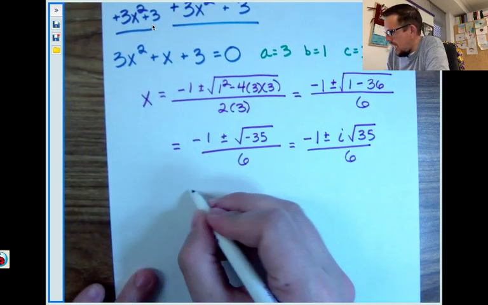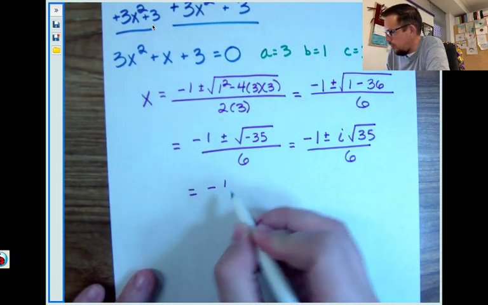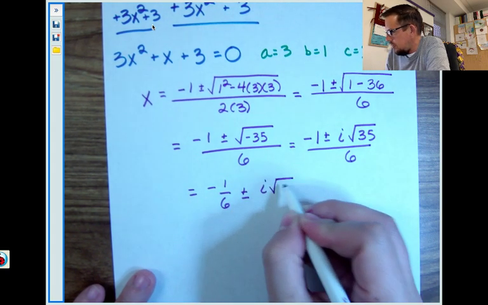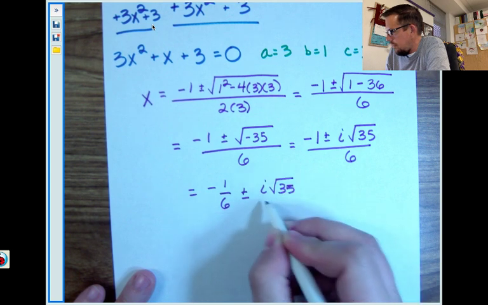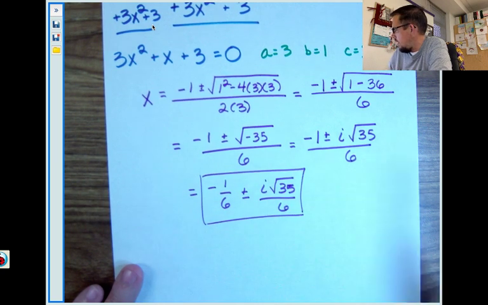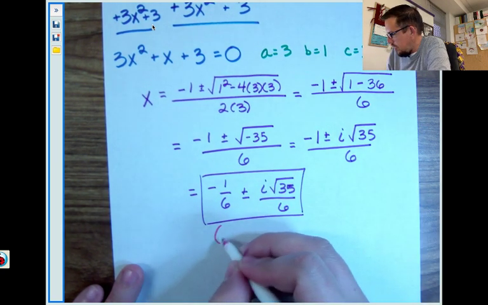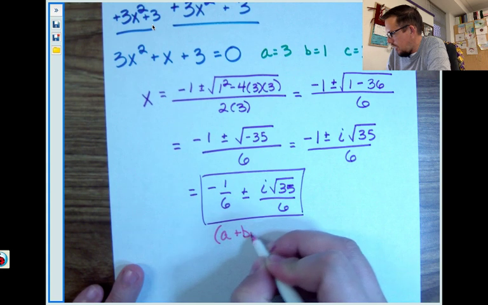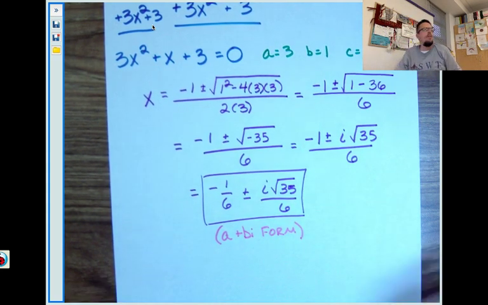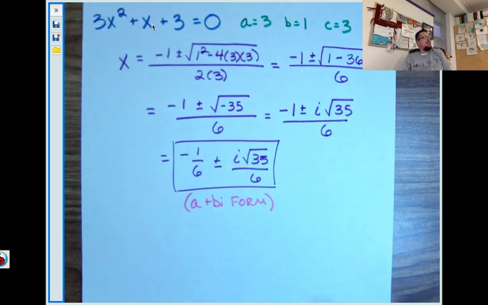If you were asked to put it in a plus bi form, which usually you are, that just means separate it so that the i comes second. This right here is a plus bi form. Usually when you have an imaginary number, that's how you write it. It's just a super weird way of saying put the imaginary number on the end.